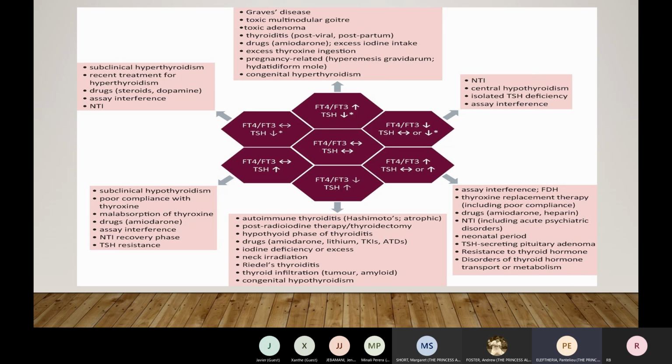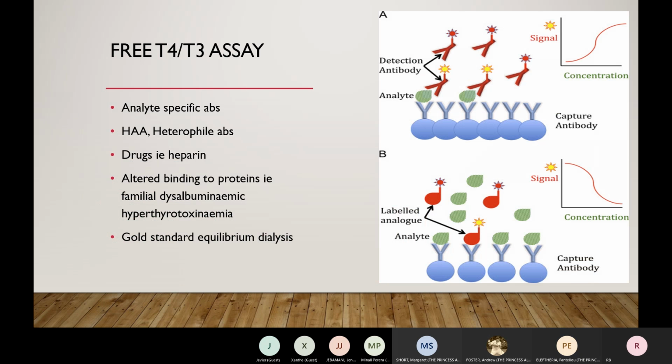Neonatal period, she's not a baby. TSH-secreting pituitary adenoma is quite rare, but if that's the case, she should be thyrotoxic, and she's not. Resistance to thyroid hormone, I'll talk to you in a minute about that, is associated with thyrotoxicosis rather than a hypothyroid picture. And disorders in thyroid hormone transport or metabolism are quite rare as well.